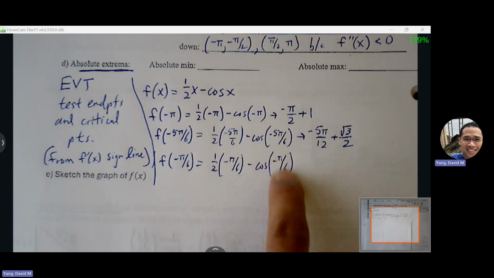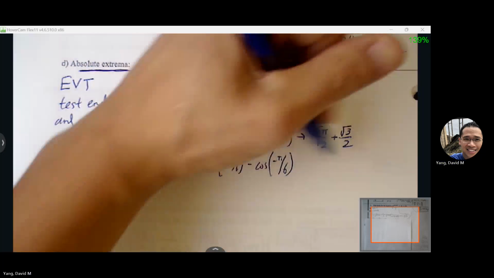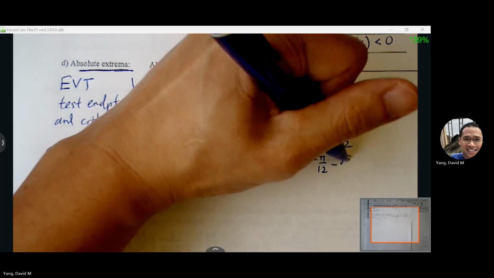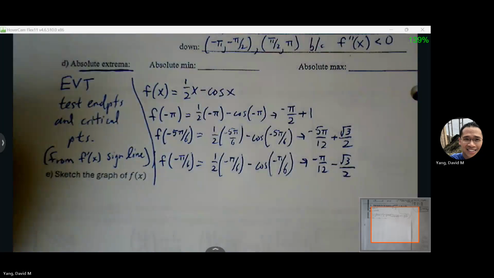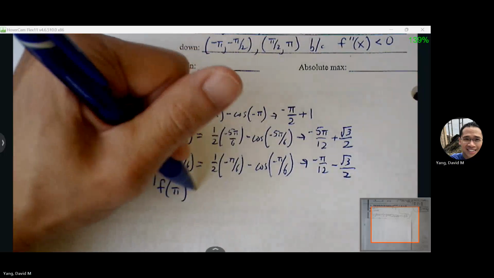So fourth quadrant, still in that pi over 6 family. Positive √3/2, but then there's a negative here, so minus √3/2. And finally, my endpoint, f of pi, into the original function.